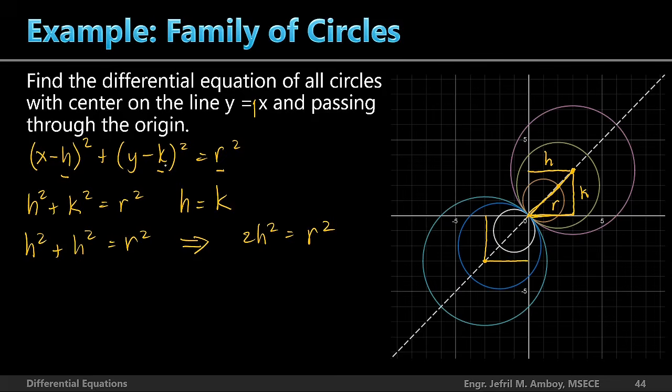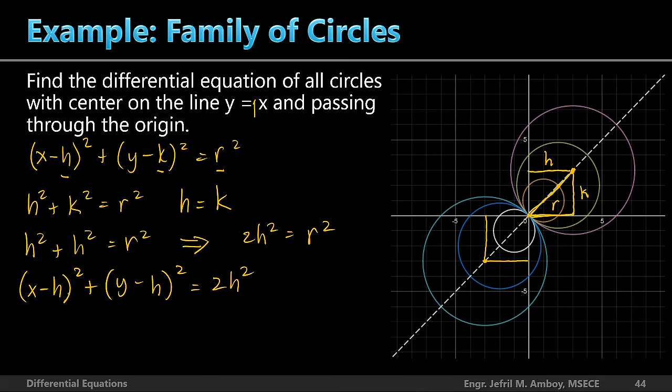And we can replace this k here with simply h because k is equal to h. Okay? So we now have x minus h squared plus y minus this k will be replaced by h once again because h is equal to k. Squared is equal to this r squared. I can replace it with 2h squared.